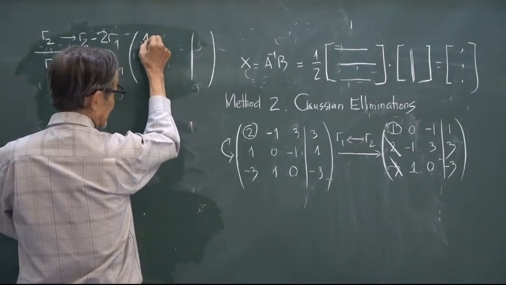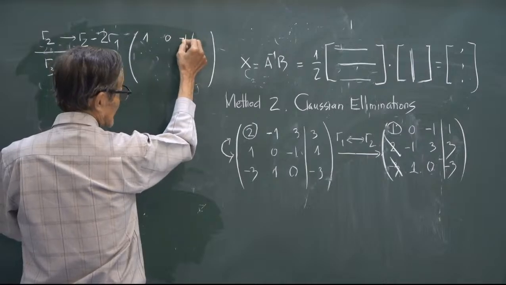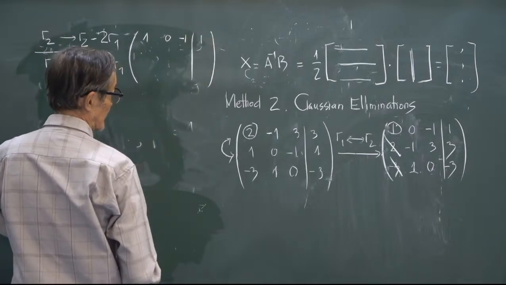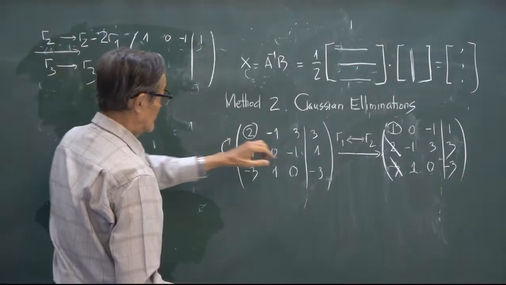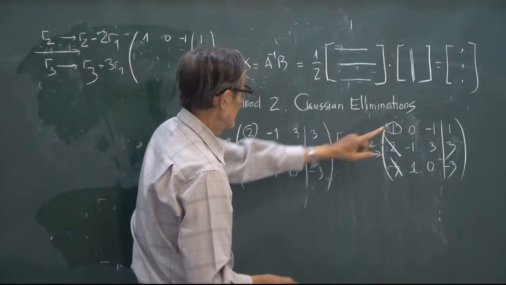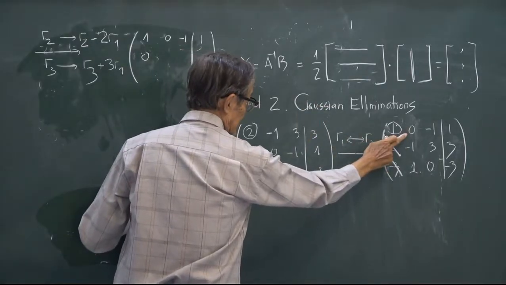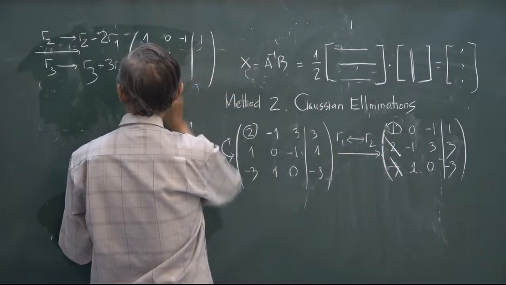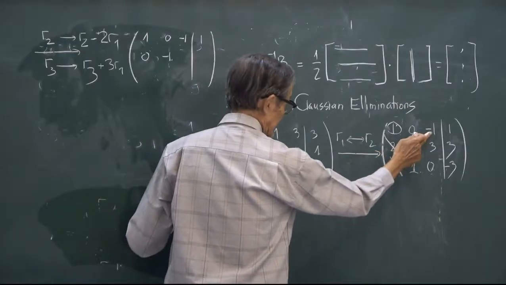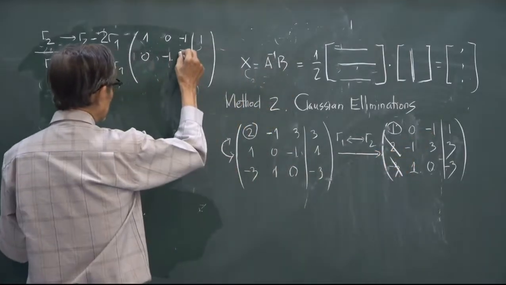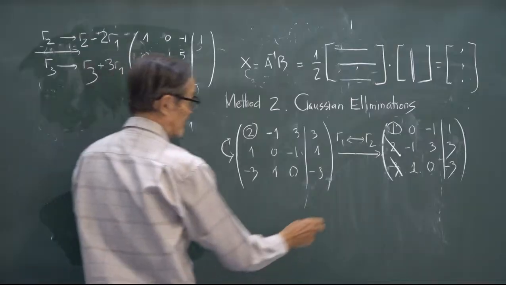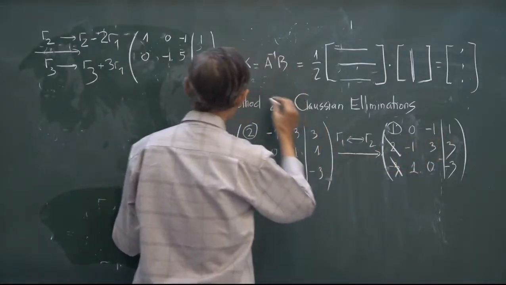Remain row 1. Transform row 2: minus 2 of this, 5; minus 2 of this, 1.